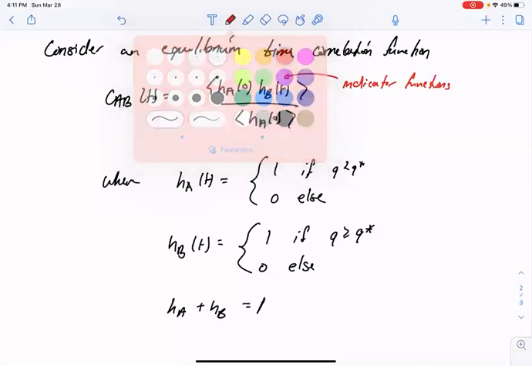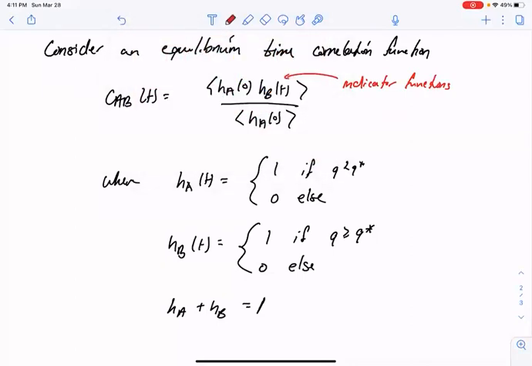So C_AB can be interpreted as a joint probability that I find the system in A at 0 and in basin B at t, divided by a marginal probability of being in A at 0.